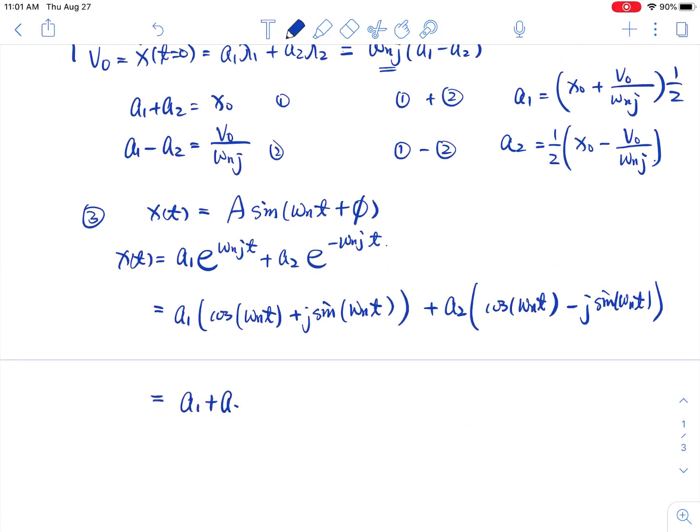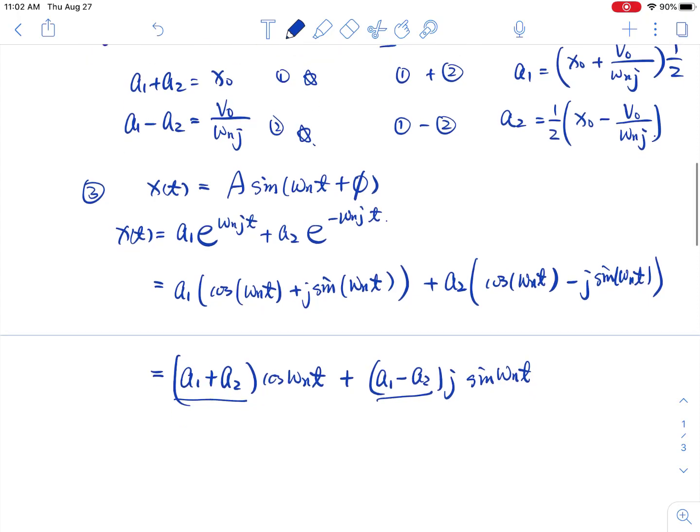Your (a1 plus a2) cosine ωn t plus (a1 minus a2) j sine ωn t. So that means we just need to find a1 plus a2 and a1 minus a2. That's actually directly given in equation 1 and equation 2. So let's replace it. That's x naught cosine ωn t plus v naught over ωn sine ωn t.